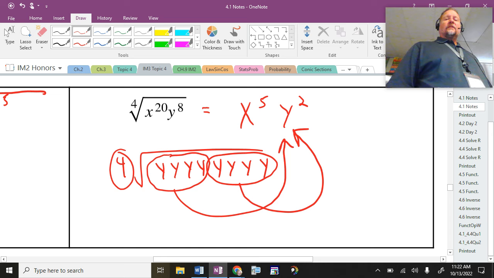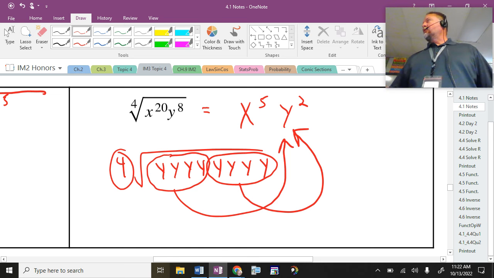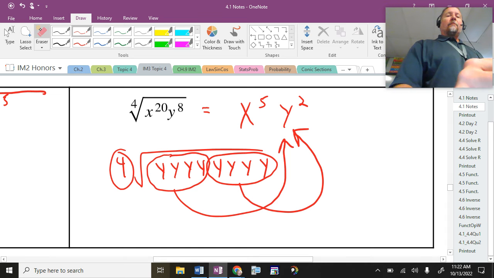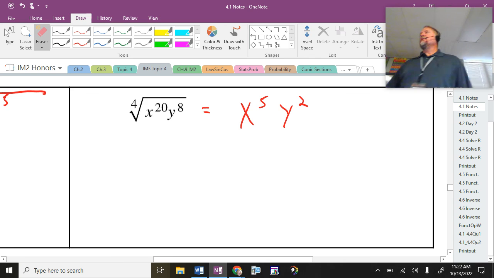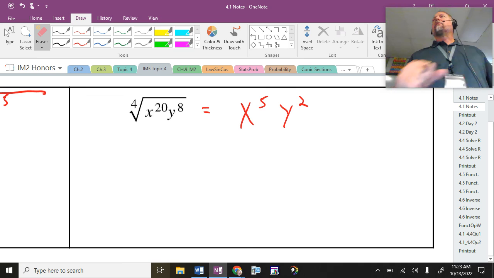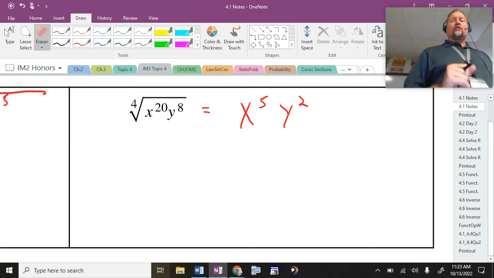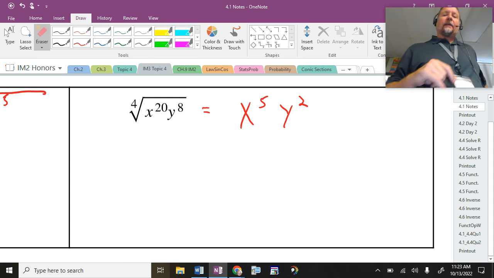This 4 tells me how many Y's I need in order to break one out. All right, but I think we're pretty quick with stuff, and we understand exponents well enough, I hope. Did you do exponents last year a little bit? I have to cover exponents on Monday because radicals are a form of an exponent. They really are. Showed you that yesterday with the fractional exponent idea.